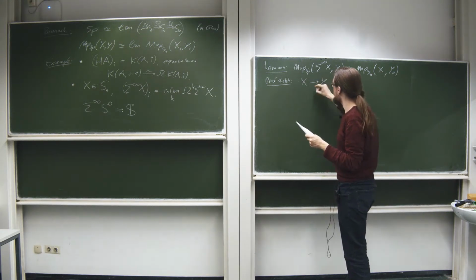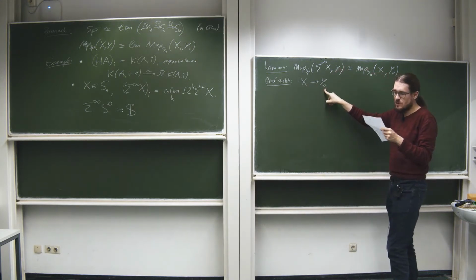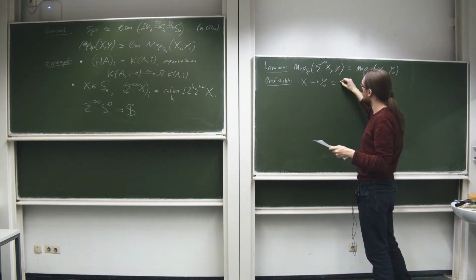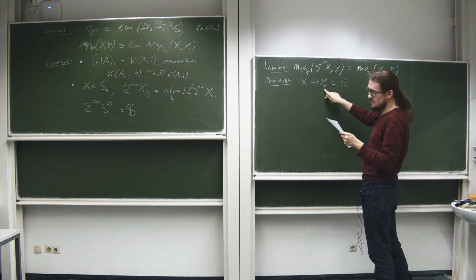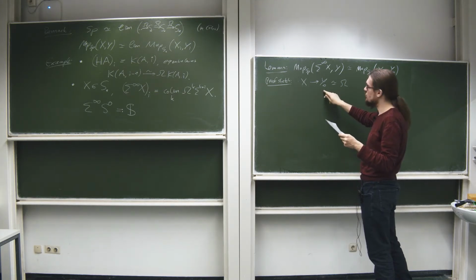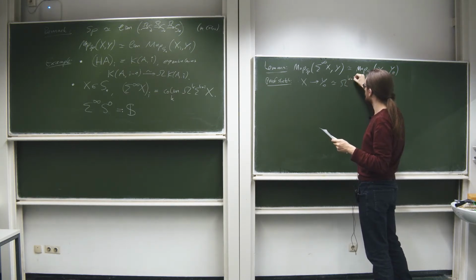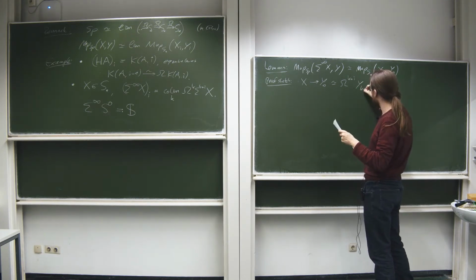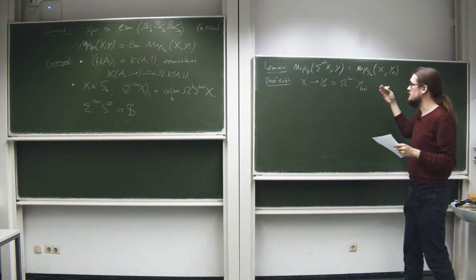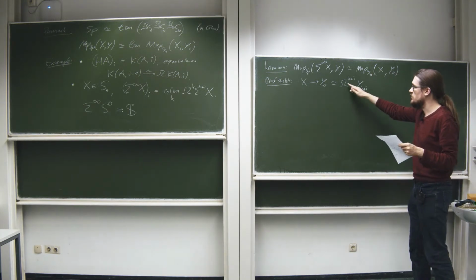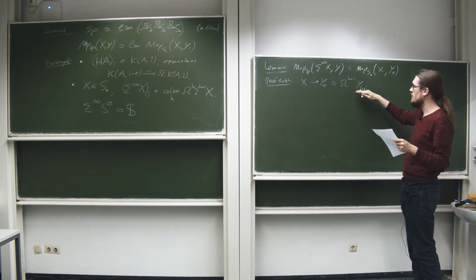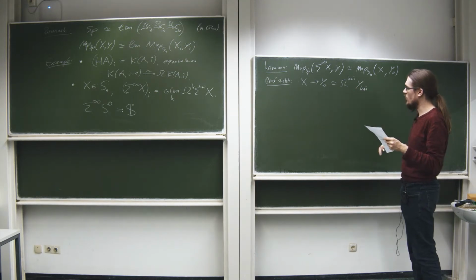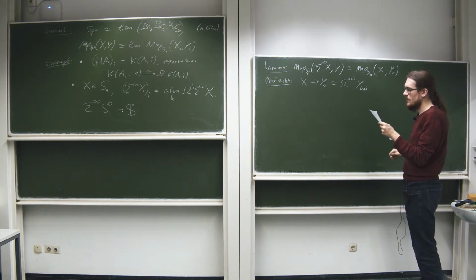Well, if I have a map from X to Y0, remember that Y0 is also simply some iterated loops of the higher spaces in that spectrum. So let me just write this as loops k plus i of Y k plus i.